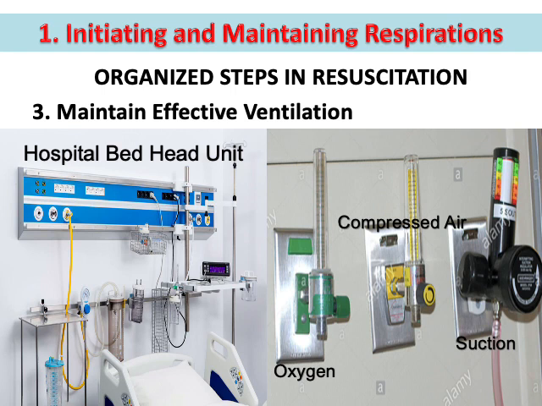So what you need is to compress 30% to provide a 70% oxygen. That's how this is used. And last, one of the important ports also in hospital bed unit is your suction, where you can suction your patient's secretions.